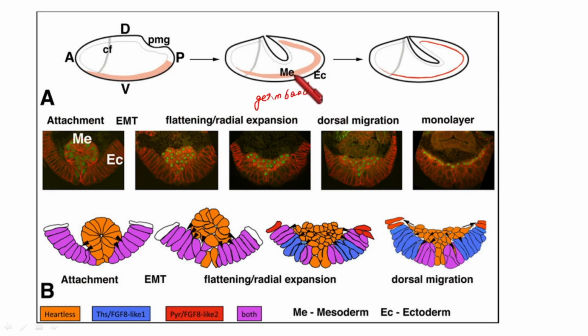And what is the peculiarity of germ band? That germ band includes all the cells that will form the trunk of the embryo. Okay, and we have seen that it expands and wraps around the posterior side of the embryo and covers up to its dorsal side, dorsal surface of the embryo here.